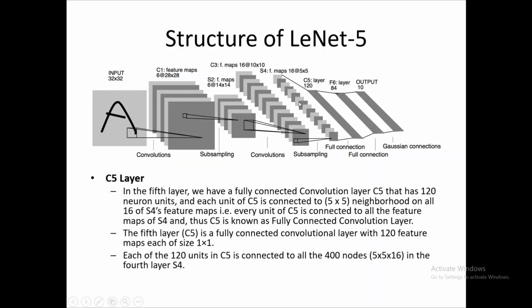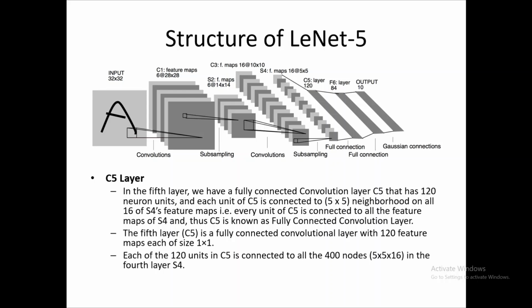In the fifth layer, we have the fully connected convolution layer C5, which has 120 feature maps, each of size 1 by 1. Each unit of C5 is connected to a 5 by 5 neighborhood on all 16 of the S4 feature maps, and thus C5 is known as a fully connected convolution layer.